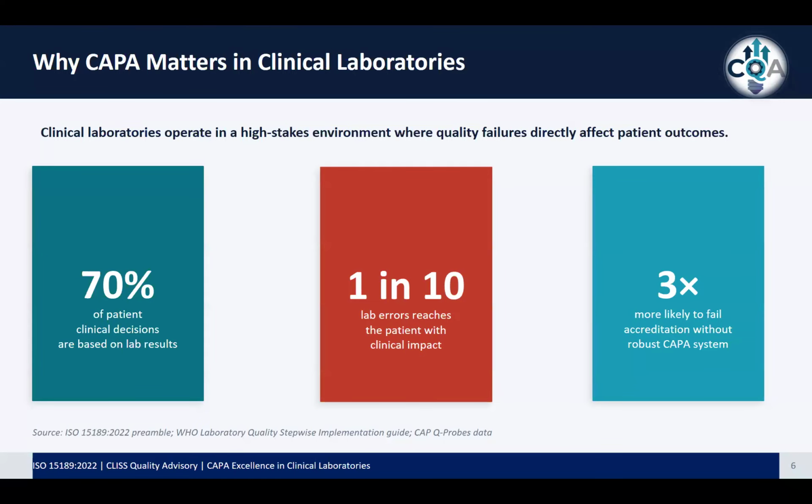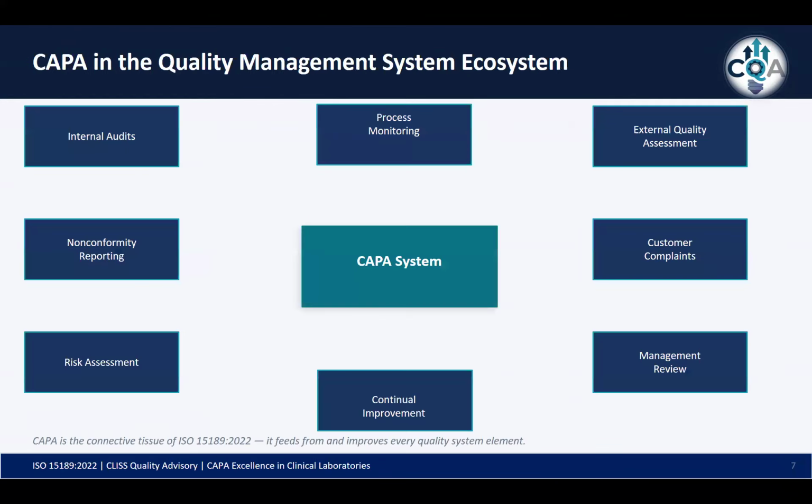So we need to guard against such safety issues getting to the patient. And you are 3 times more likely to fail your accreditation assessment if you don't implement a robust CAPA system. So the third one is a compliance issue.